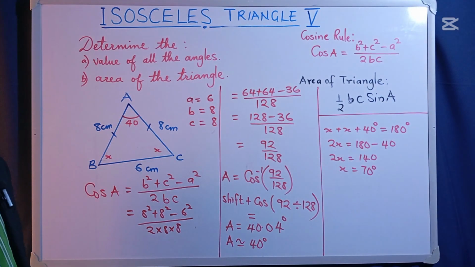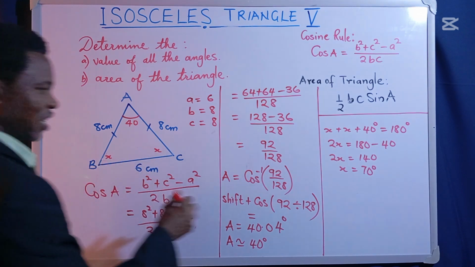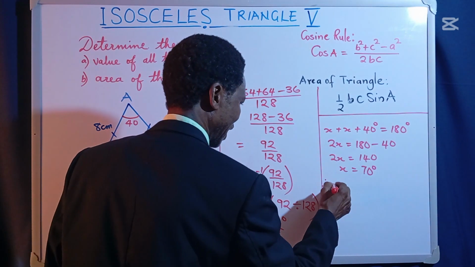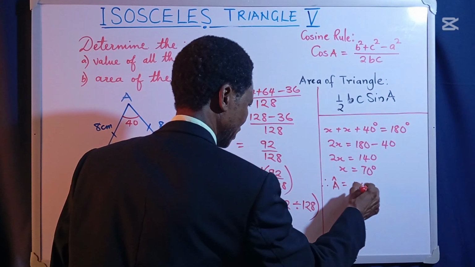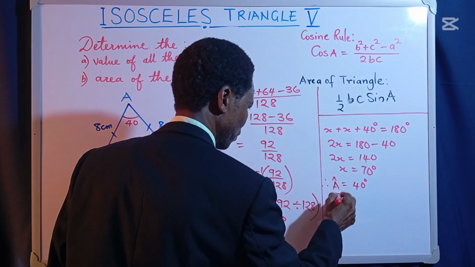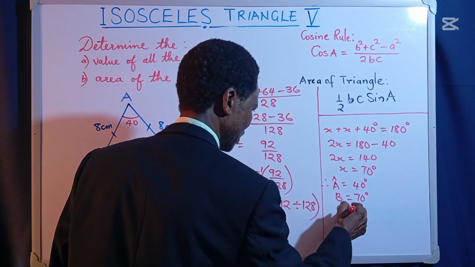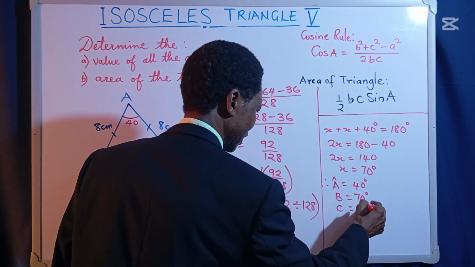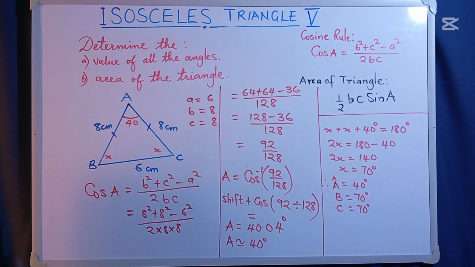So we have gotten that. That means angle A is equal to 40 degrees, angle B is equal to 70 degrees, angle C is equal to 70 degrees. So we have gotten all the angles.